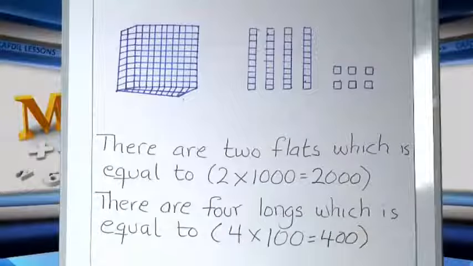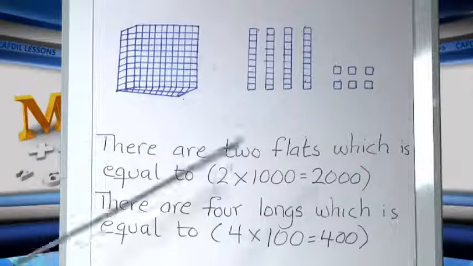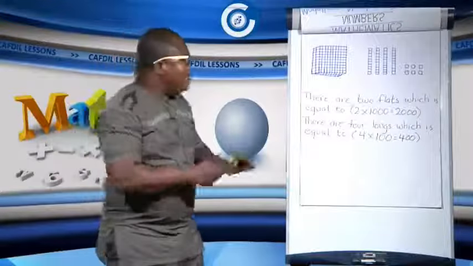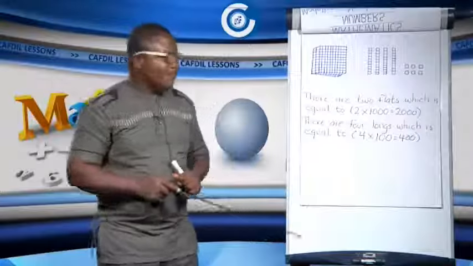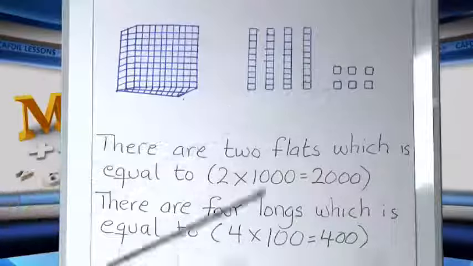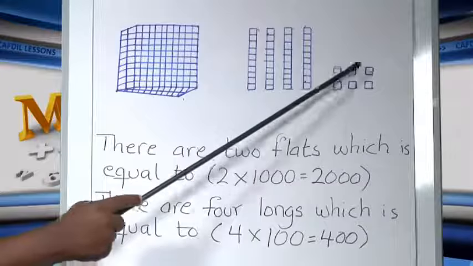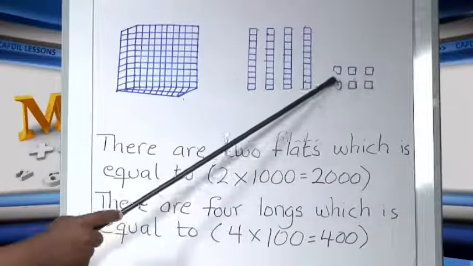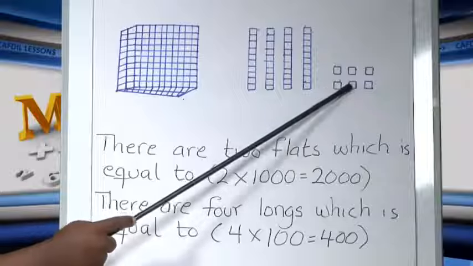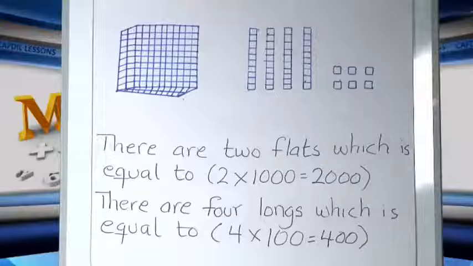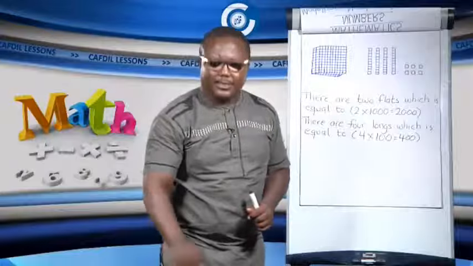Now, learners, let us also look at the cubes. How many cubes are there? Let's count and see. 1, 2, 3, 4, 5, and then 6. So here we are having 6 cubes.